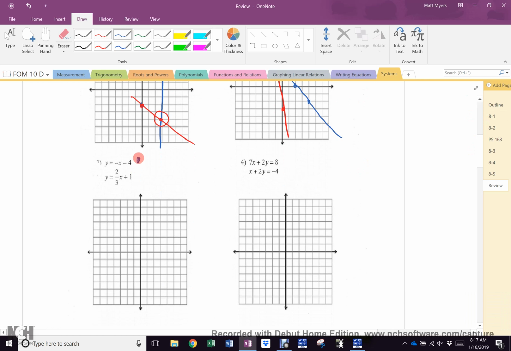This one, -4. 1, 2, 3, 4. Slope is -1. And 1. Slope is down 2 over 3. -3, -1.